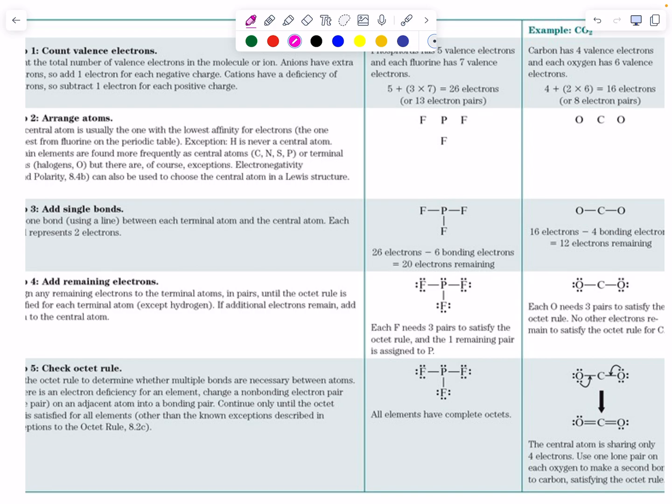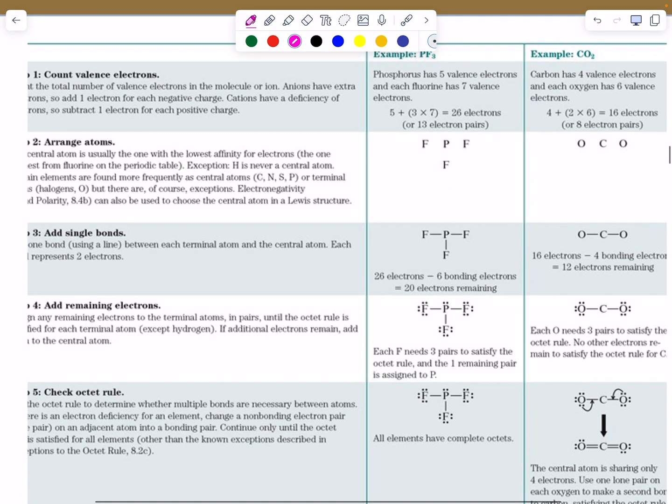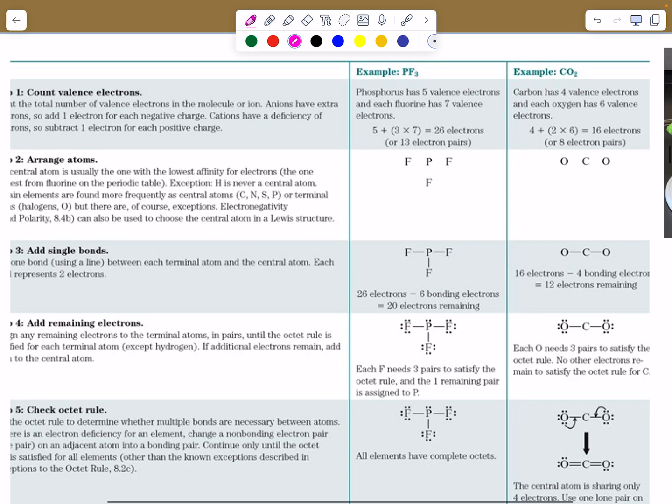And you compare that to the number that you started with, and you'll know, okay, I've placed all the electrons that I had to place. All right, so you're going to count the valence electrons. For every element that you're working with, you look up its group number and figure out the valence. So for the example of PF3, phosphorus has 5 valence electrons, and each fluorine has 7.